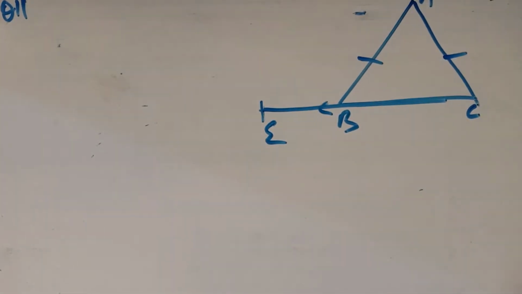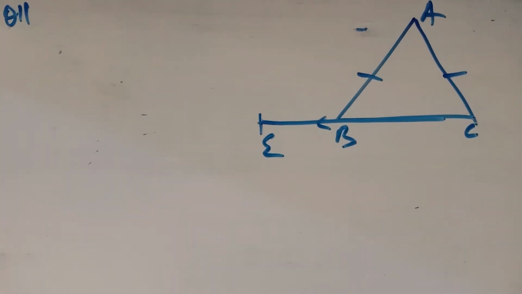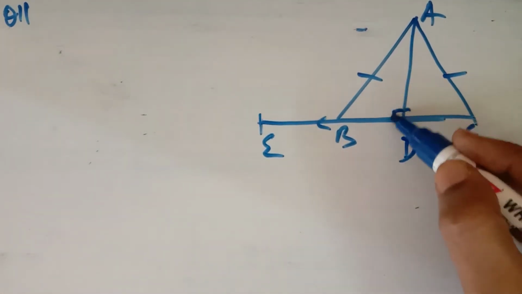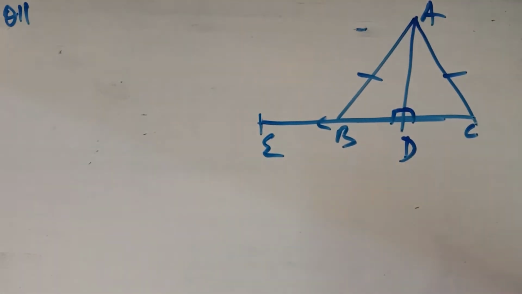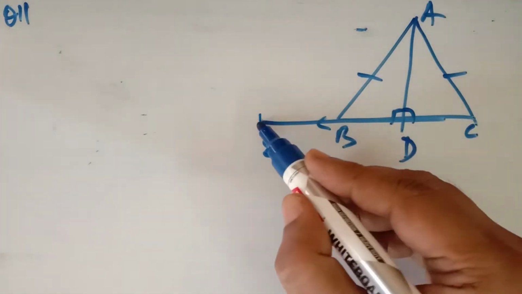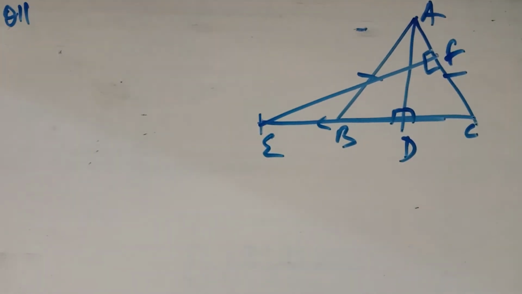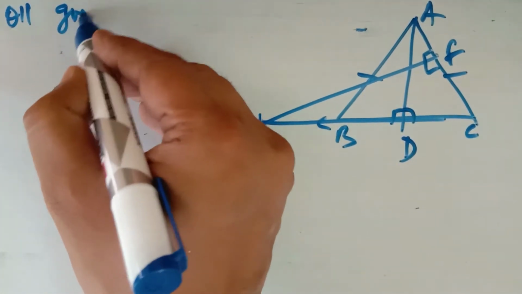It is given AB is equal to AC, and if AD is perpendicular to BC and EF is perpendicular to AC, then you have to prove the triangles are similar.